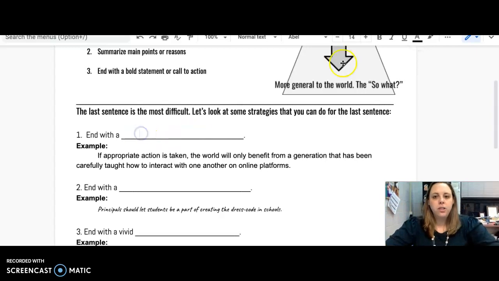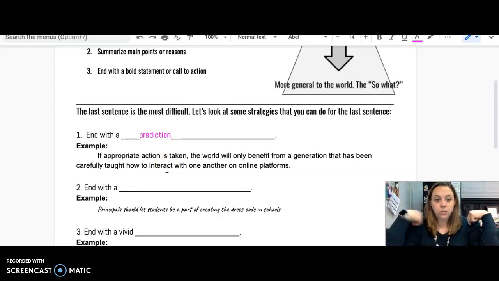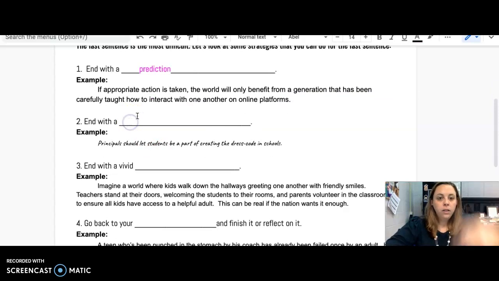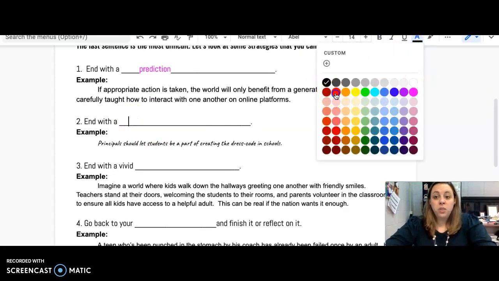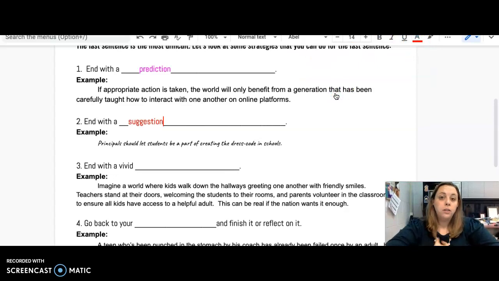So here are some strategies that you can use. The first thing that you could do is end with some sort of prediction. So if appropriate action is taken, the world will only benefit from a generation that has been carefully taught how to interact with one another on online platforms, right? I'm making a prediction. You could try that. You could end with some sort of suggestion. So maybe in your research you have learned something about how to solve an issue or what people should do.